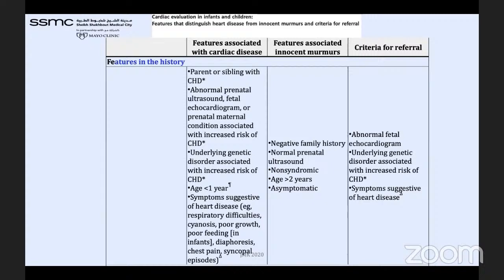Features associated with innocent murmur: negative family history, normal prenatal ultrasound, non-syndromic, age more than 2 years, asymptomatic, and all those. But you have to refer when there is an abnormal fetal echo, underlying genetic disorder, or symptoms suggestive of heart disease. That is on the features in the history.